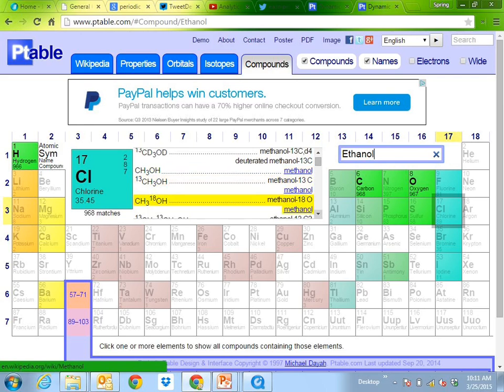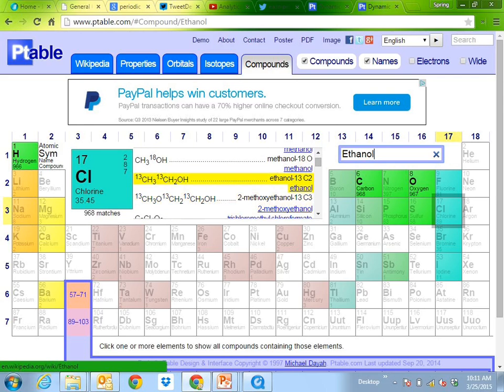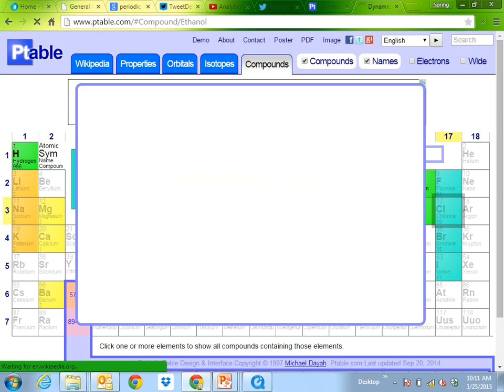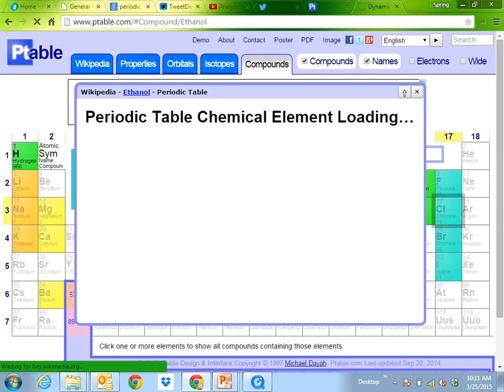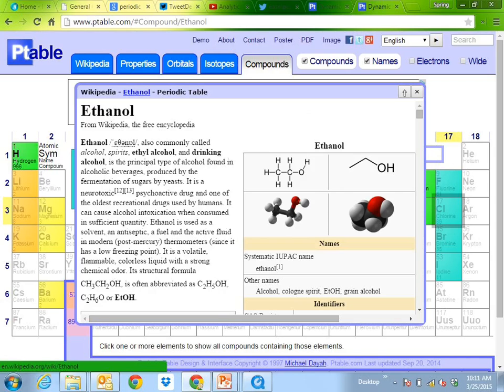Silly. Got another. Wait. I know. There it is. And so, yeah, it's off of Wikipedia, so it'll give you some cool stuff about it. Ethanol is a little bit bigger than methanol. I can never remember which is which. Methanol is the simpler one. So, I don't know. It's a thought.